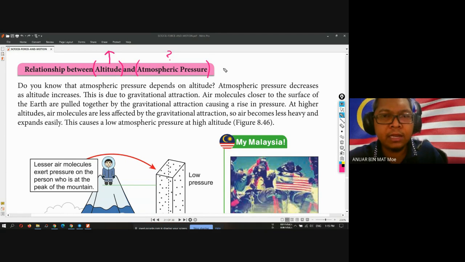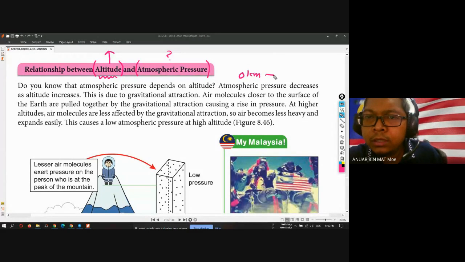Form 1, you already learned this, if you still remember. What is altitude? Altitude is the height, right? The height of the atmosphere. For example, 0 kilometer to 13 kilometer above the surface of the Earth, we call it troposphere.